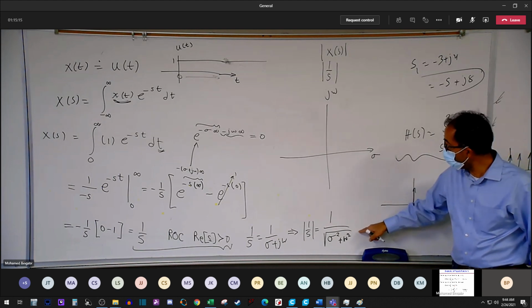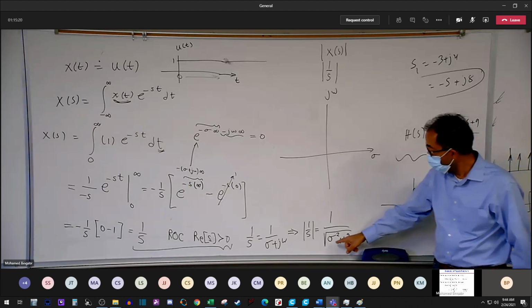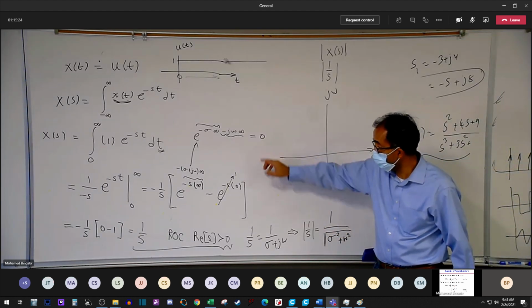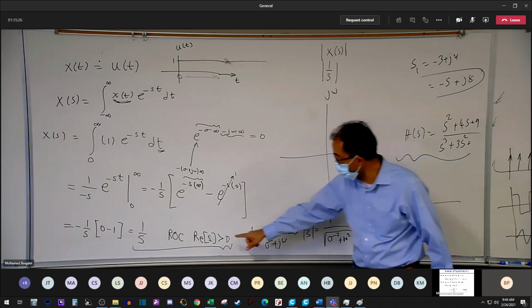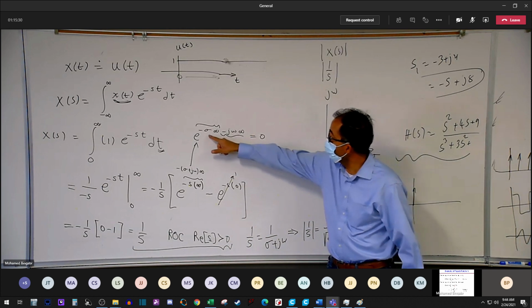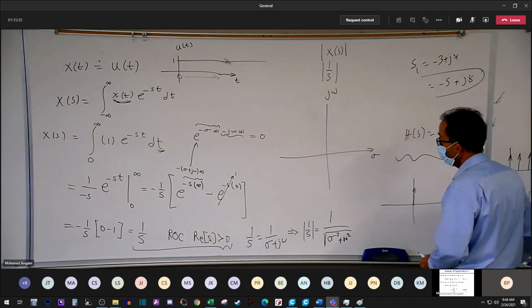So if I plot these in this plane, first, sigma cannot be 0, right? Because that's what we said. For this to exist, the region of convergence, real s is larger than 0. That means sigma is larger than 0. So that means this plane here is out of the question.